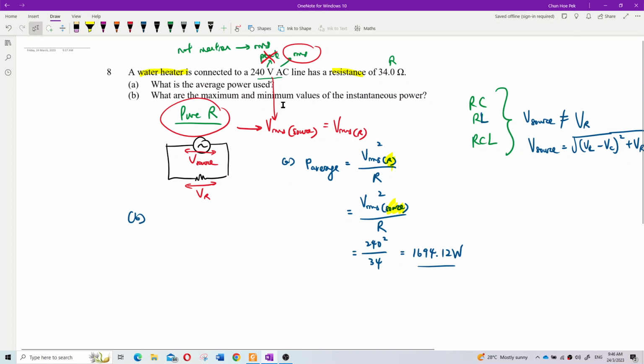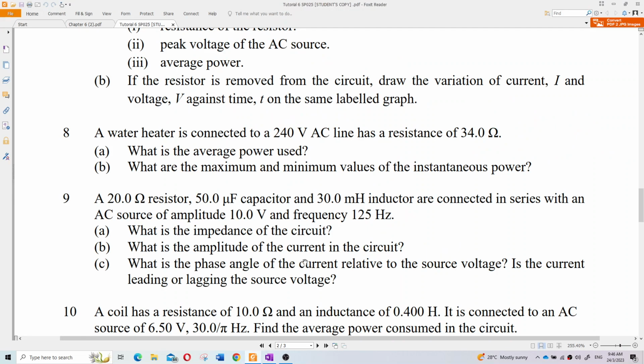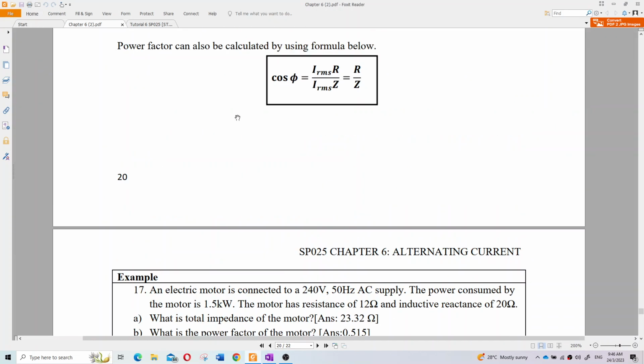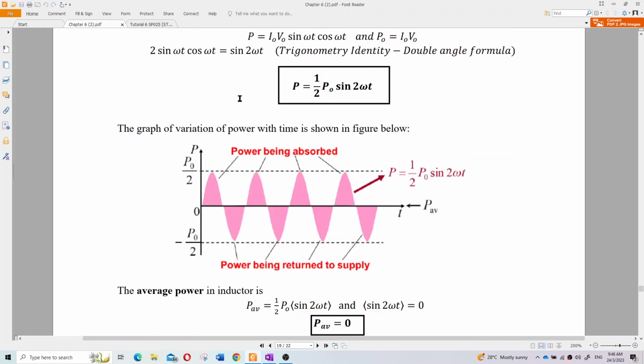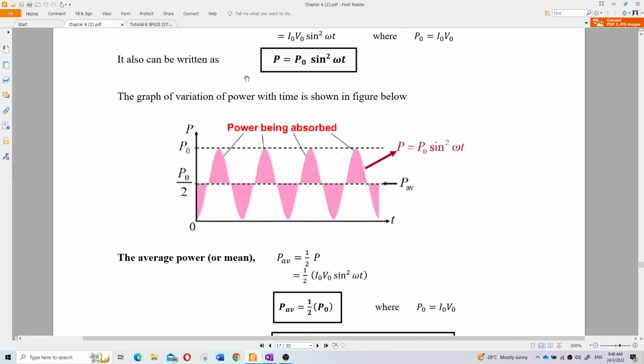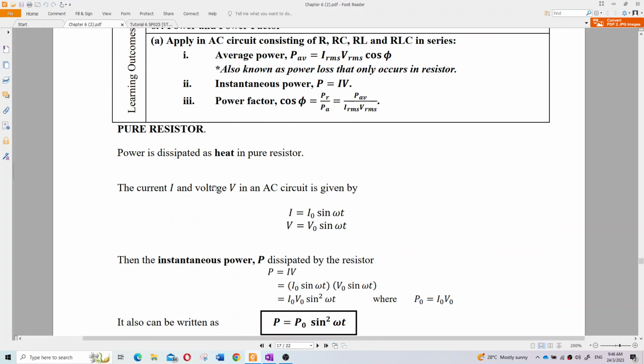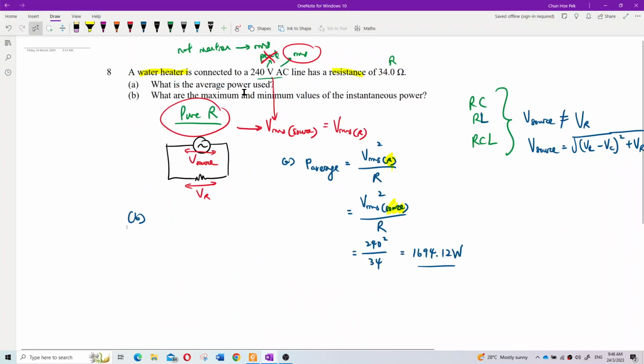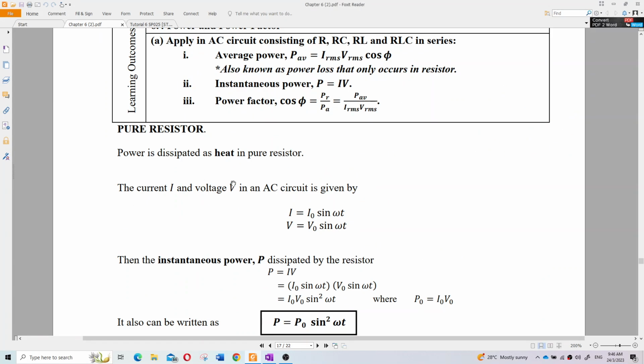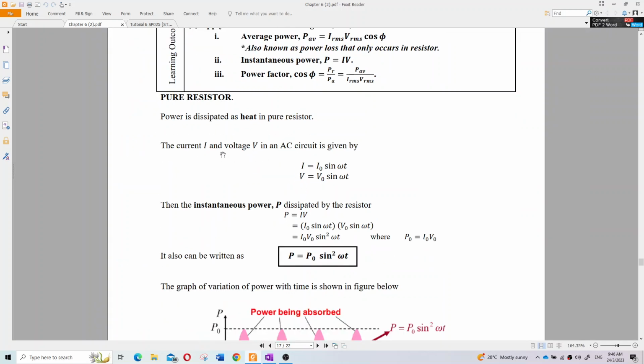Remember the equations that you have learned about power. This is a pure resistor circuit, so for current and voltage, they are in phase, sine.